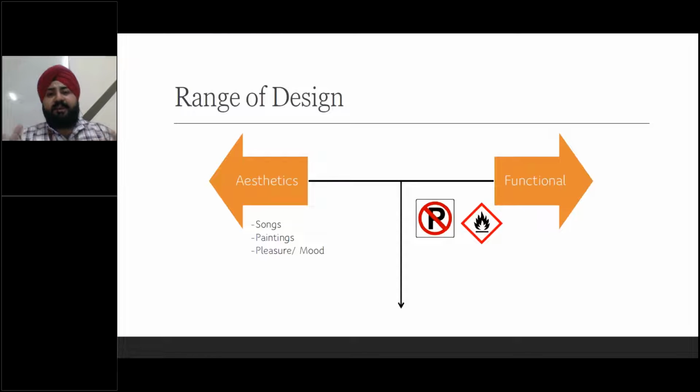So basically we have a wide range of design. On one side we have aesthetics, on the other side we have functional design. You can see on the screen, on the left side there is aesthetics. Aesthetics, as I've already told you, is something that gives you pleasure, or is pleasing to the eyes.